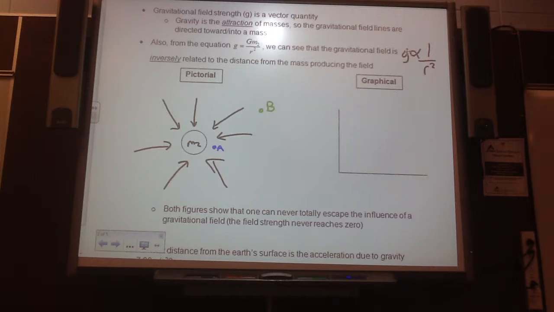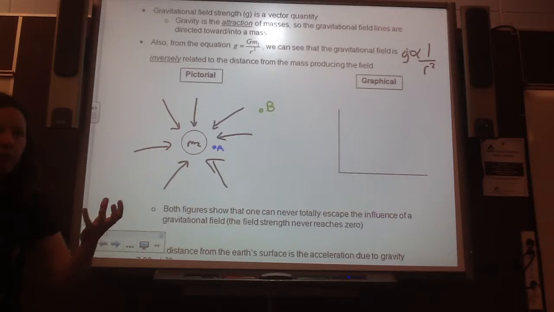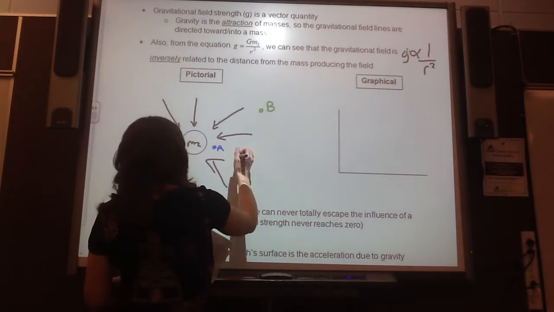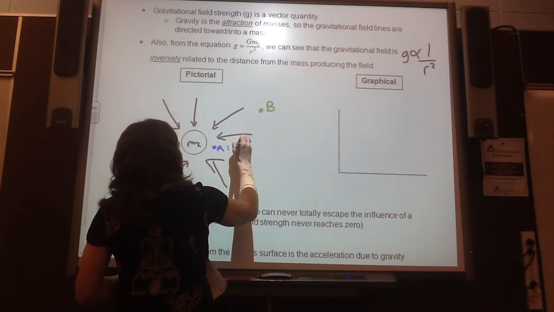Why? Because it's closer. Okay, so yeah, A would have a greater field strength because it's closer, because it's more exposed to that force.